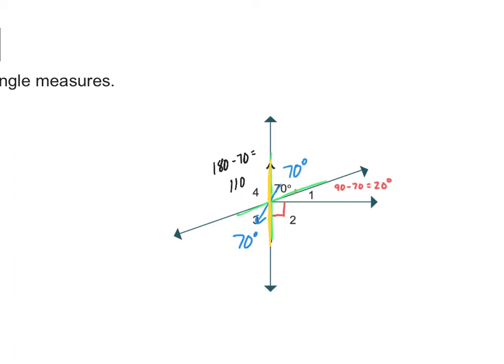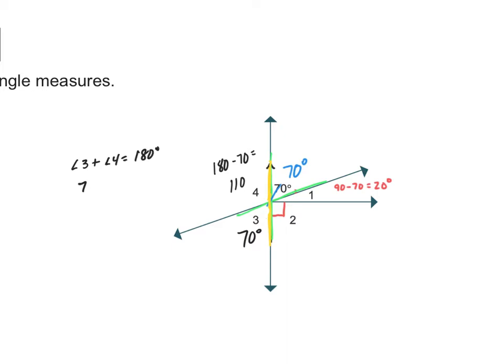Now I am taking some shortcuts here, admittedly so. I say that because I mentioned before writing out the equation. I know that angle 3 was 70 degrees, and I know that angle 3 plus angle 4 is going to be equal to 180 degrees.